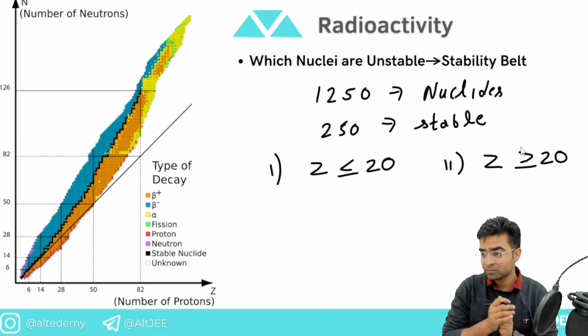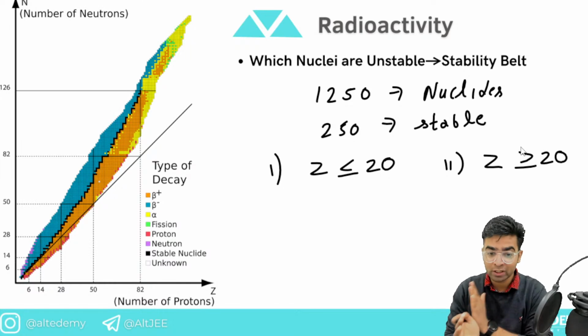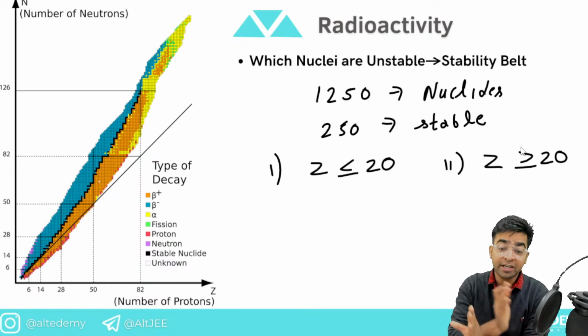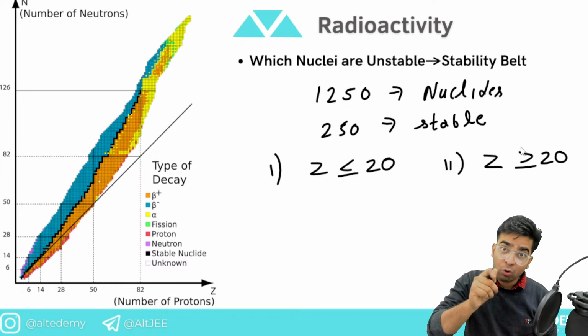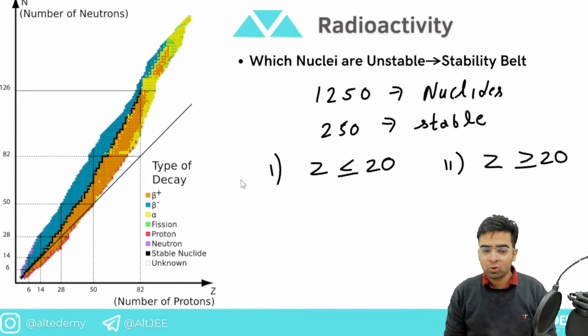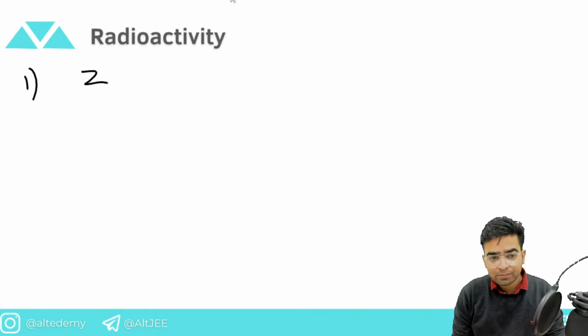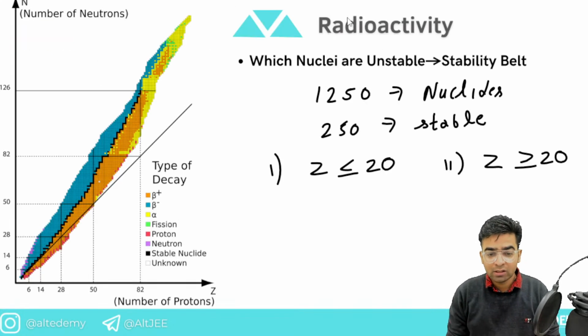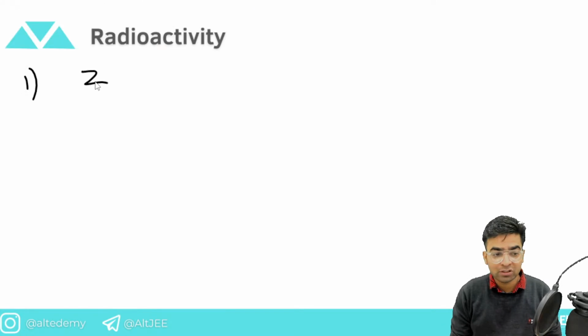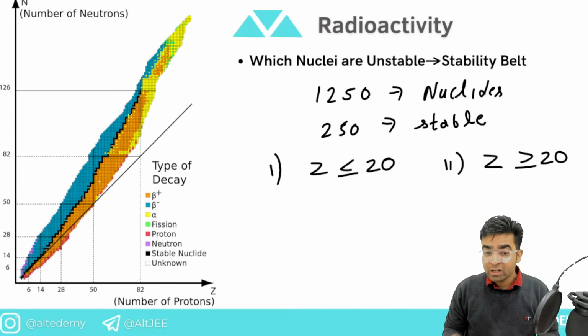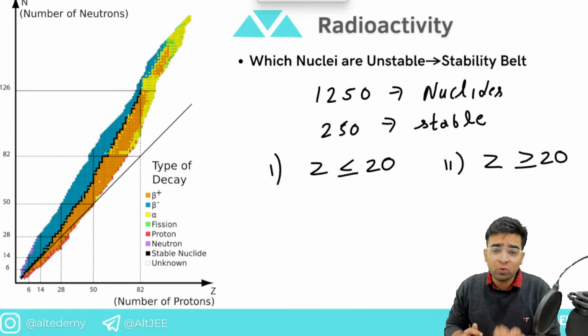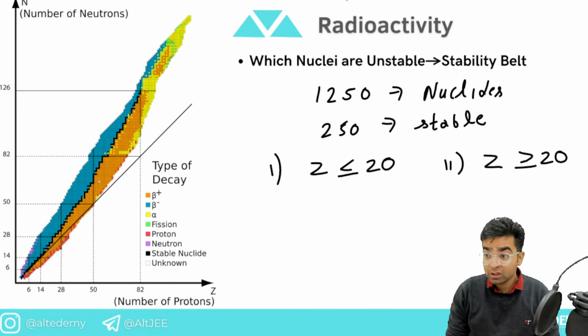Are we clear? On the first condition, when Z is lower than 20, how do we tell whether the nucleus is stable or not?